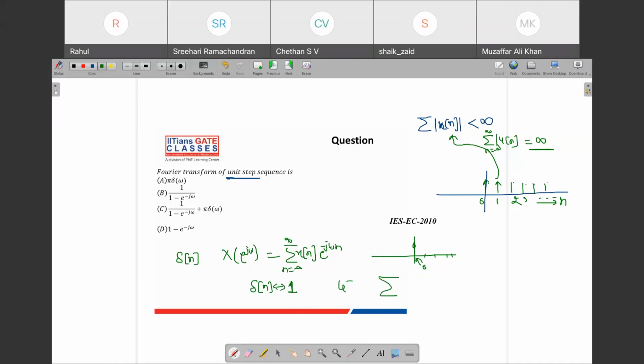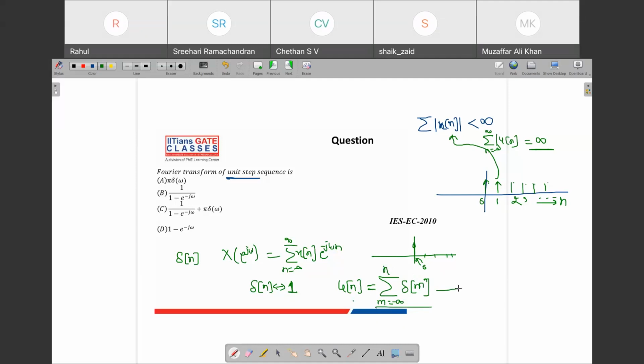Now, the unit step is given as the accumulation of the impulse, if you remember from the first class. So we can apply the accumulation property to find the Fourier transform of this one.